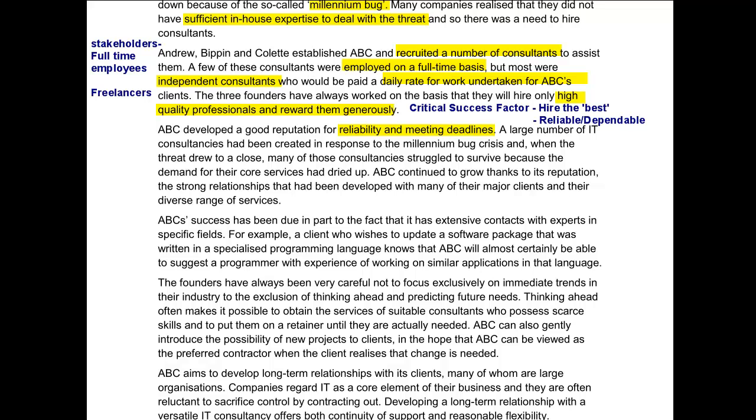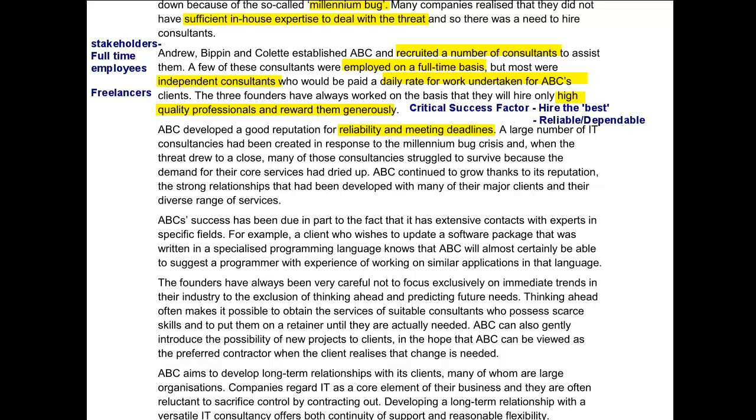This being particularly important to a company trying to prevent the millennium bug. Obviously, you have a very strict deadline there of the 31st of December 1999, because if you haven't got the job done by then, it's all over, because that is when the millennium bug was going to kick in, if it was going to kick in.